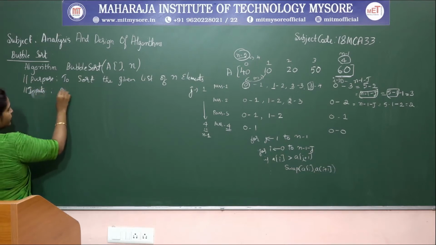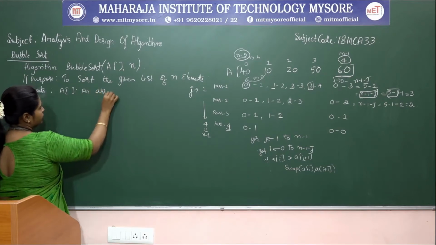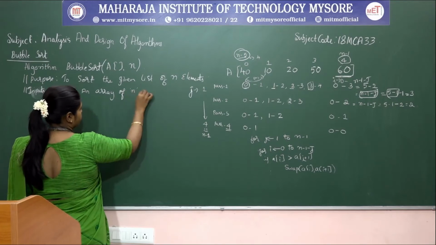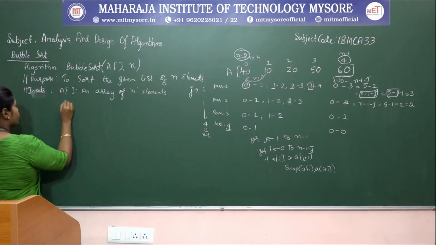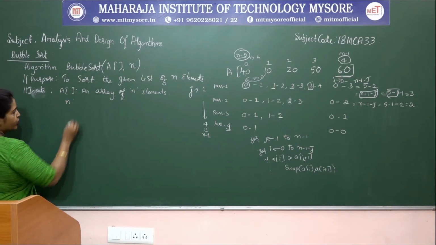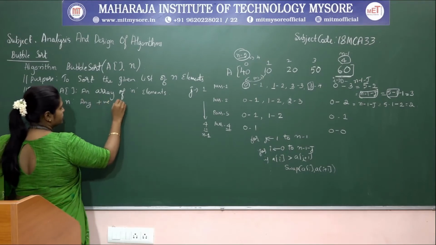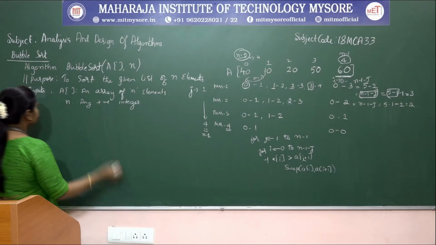What are the inputs? A, an array of how many elements? N elements. So what is n? So n is nothing but any positive integer. Any positive integer.